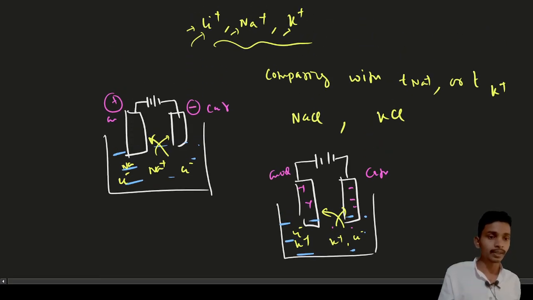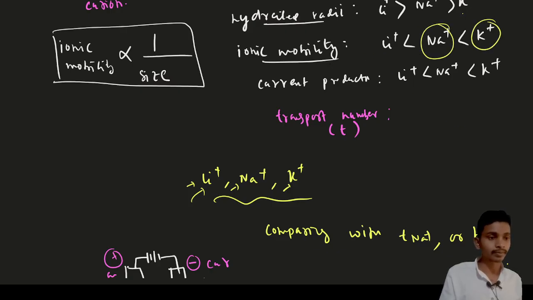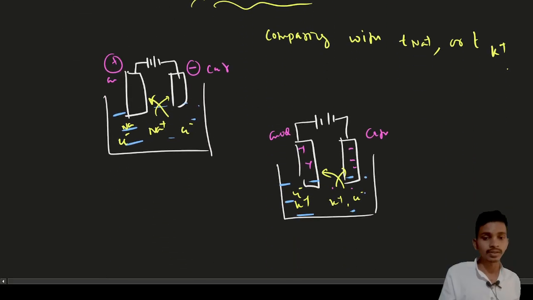According to the hydrated radii we already discussed, the ionic mobility of K is greater than Na. So the current carried is greater. Now the question is, whose transport number is high, this or this? That is the question.